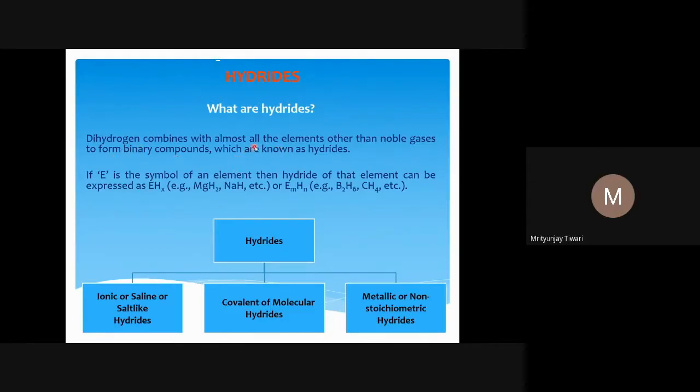Dihydrogen combines with almost all the elements other than noble gases to form binary compounds. Almost all means most of the elements of the periodic table other than noble gases and a few transition metals. These binary compounds are called hydrides. Binary compounds means, for example, CH4, which is a compound of carbon, one element, and hydrogen, another element.